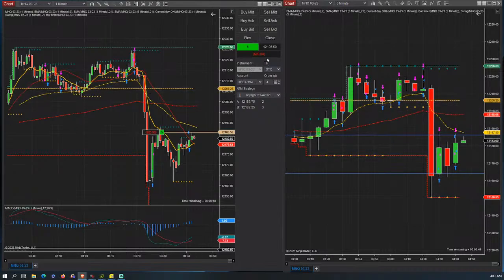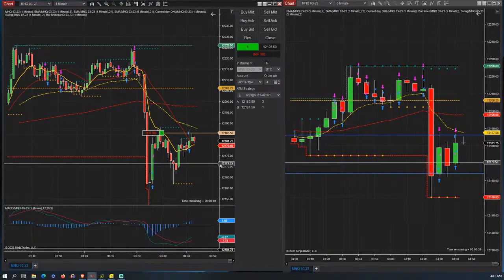Where's my entry point? Oh, not the best entry, to be honest. Would have been better at 12,180. Where are we at now? This is a live trade, by the way, guys. My actual eval account.